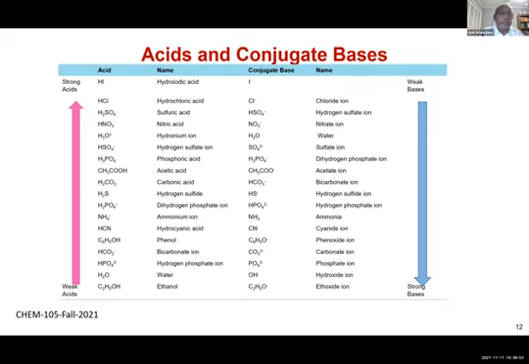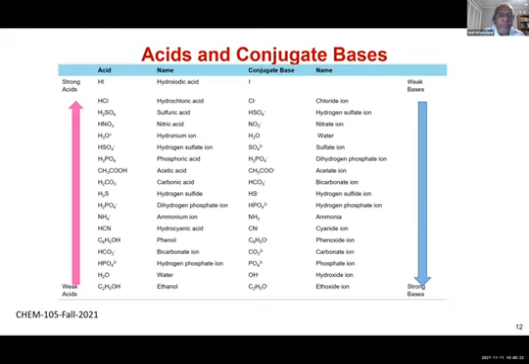So we look at conjugate bases. For example, ammonia is there. It's not the strongest conjugate acid. Water is a stronger conjugate acid. Hydrogen sulfate is a stronger conjugate acid than ammonia.